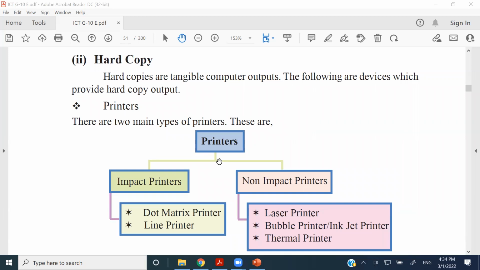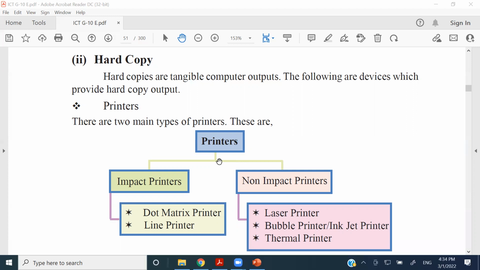Due to the impact, it makes a noise, right? So if you are hearing a big noise, some harsh sound kicking in, if you are hearing a very unclear and very noisy sound from your printer, it is probably in the category of impact printers, right?